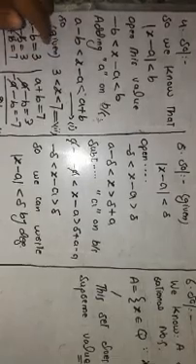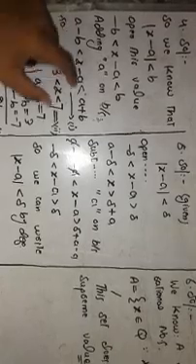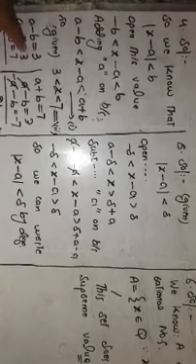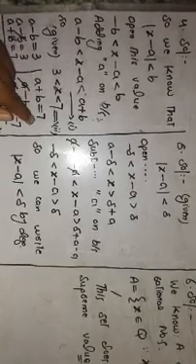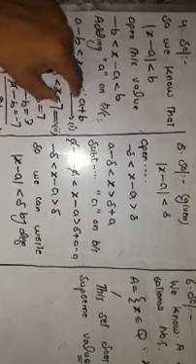The given equation is that x is greater than 3 and less than 7. When we compare both equations, we get a minus b equal to 3, and a plus b equal to 7.